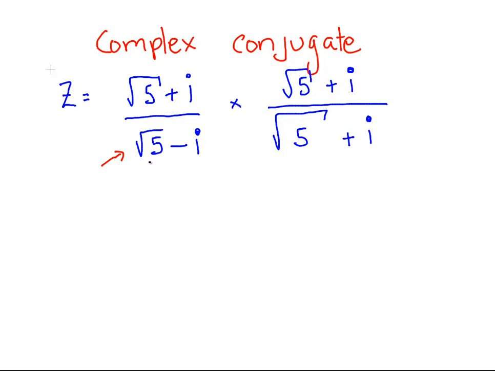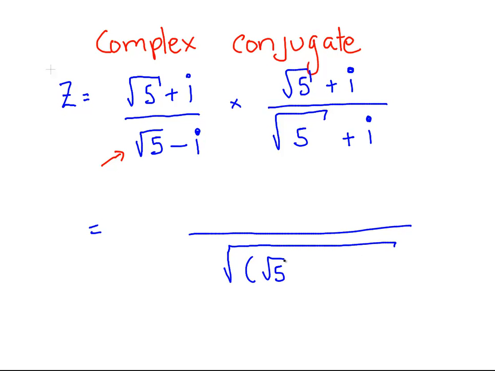So it's the square root of the square root of 5 squared plus 1 squared. That's just a theorem. That's what happens when you multiply a number by its complex conjugate. You get the modulus.